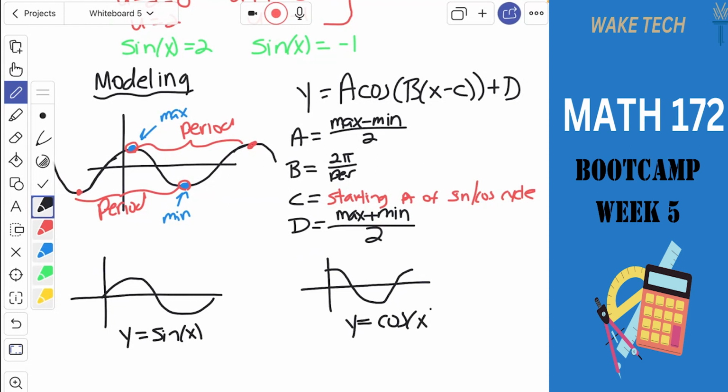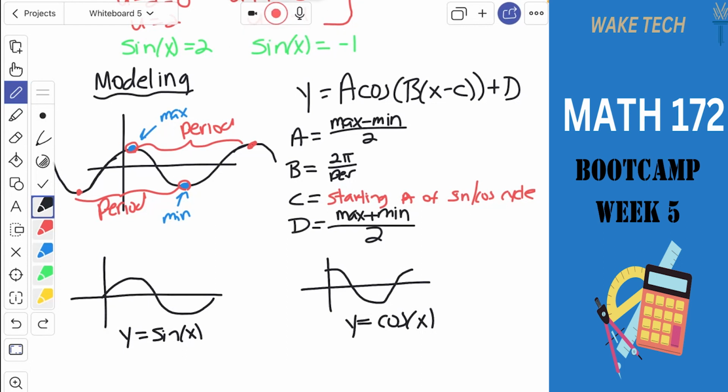To figure out C, we look along the graph we have and find a basic repeating unit of the sine graph or of the cosine graph. That's what we did a few weeks ago.